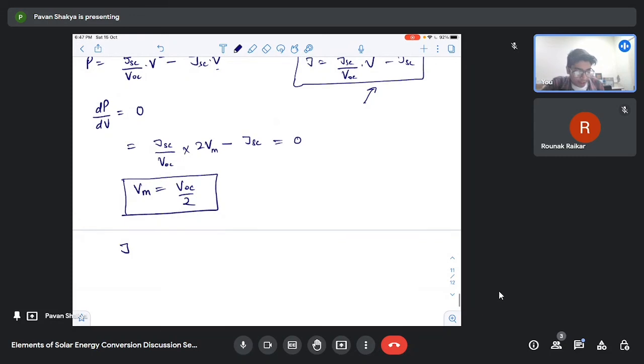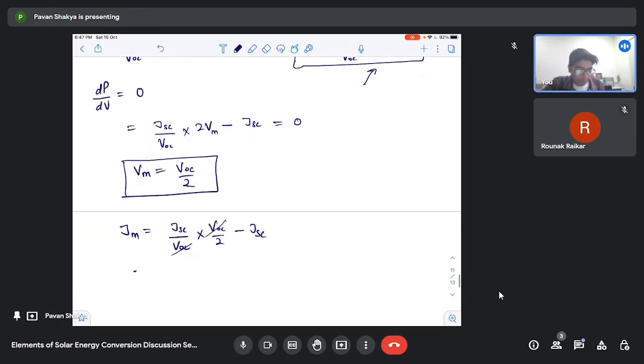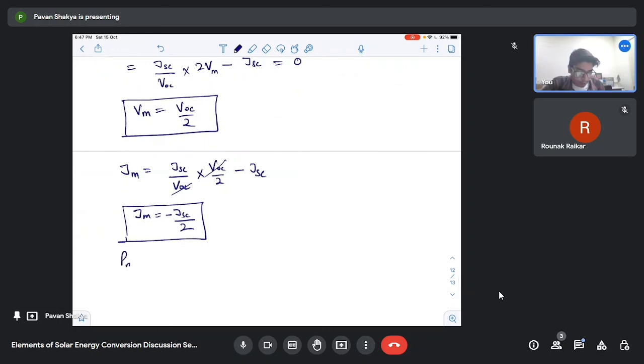So this current density, Jm, will be equal to JSC divided by VOC multiplied by VOC by 2, subtracted by JSC. If we solve, this current density will be equal to minus JSC by 2.